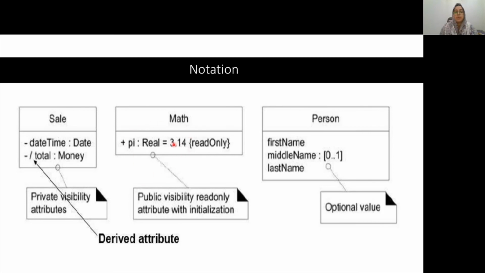This is the default value of the pi attribute. And this read-only keyword represents that the attribute is read-only, which means we cannot change the value of pi in our code anywhere. Similarly, middle name will have 0 to 1, which means a middle name could either be empty or contain a single name.